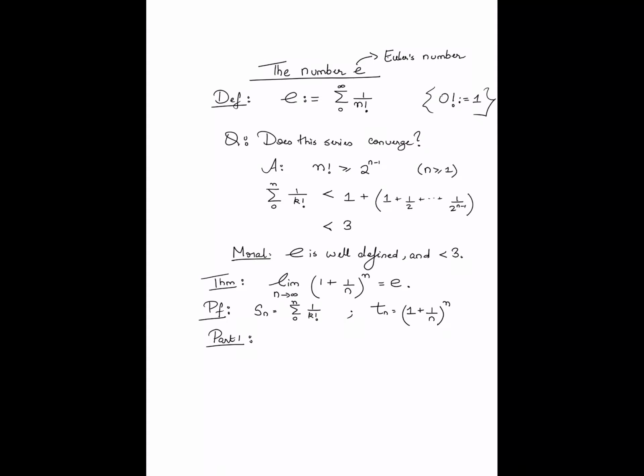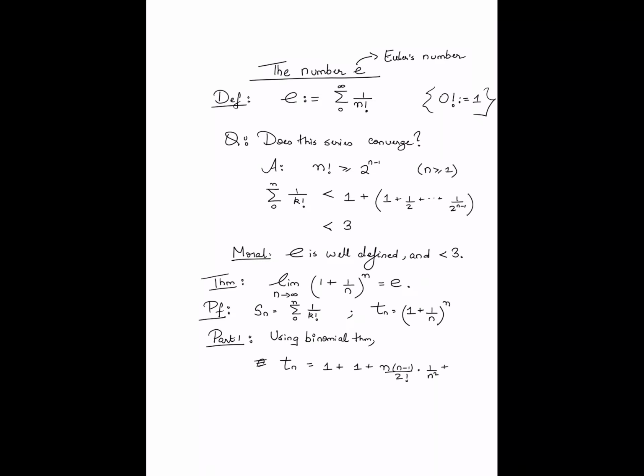is as follows. We are going to basically upper bound T_n using a binomial expansion. So using the binomial theorem, your T_n is in fact 1 plus n choose 1 into 1 by n, which is also 1, plus n choose 2 into 1 by n square, so n times n minus 1 by 2 factorial into 1 by n square, plus again n choose 3 into 1 by n the whole cube, and so on, all the way.